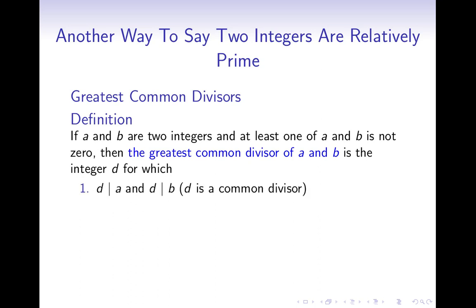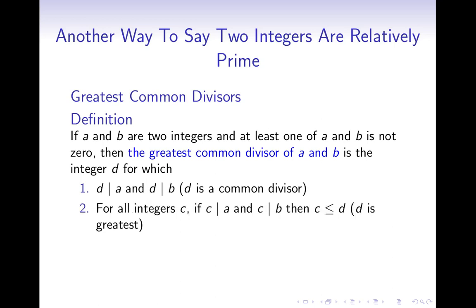I've split this into two parts. So first of all, d has to divide a and divide b. This is the part that says d is a common divisor. And secondly, the part that says that d is the largest of the common divisors.